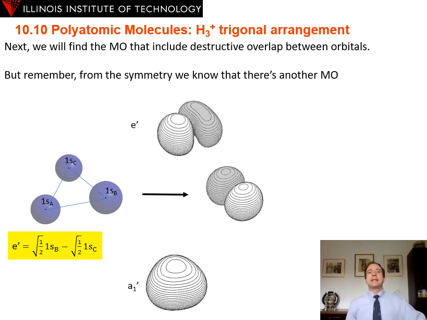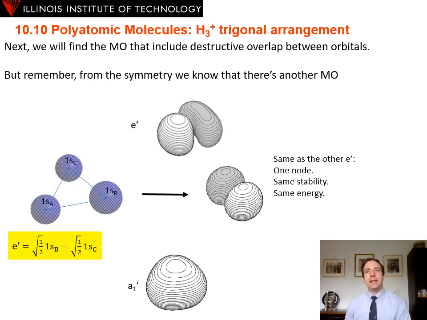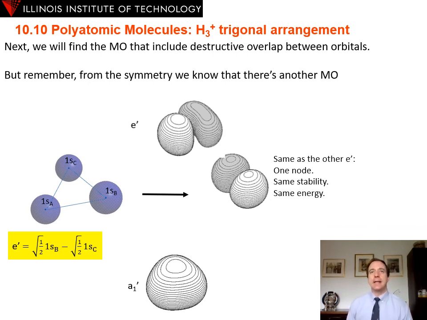And so we get a node that is perpendicular now to the original node from the first one. So this is the same as the other E prime. One node, it will have the same stability as that E prime and the same energy as that E prime.